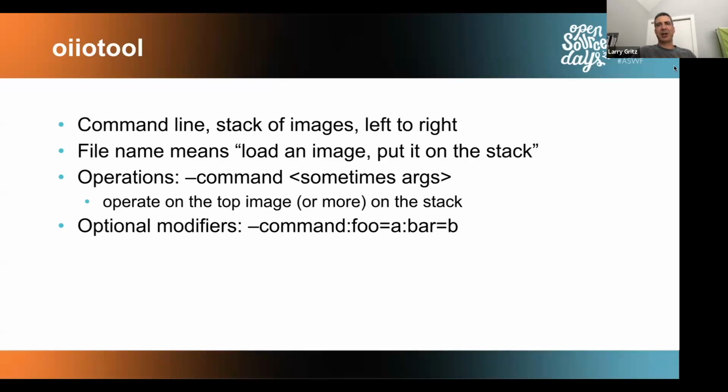Think of those as removing one or two images, doing some computation, and then putting the result back on and making that the new top. Unlike some programs that look at all the arguments and set flags and then go process, this is actually processing left to right as it parses the arguments.